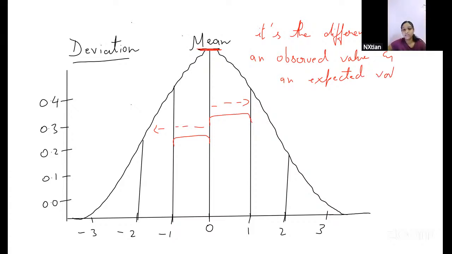Even if you understood a little bit, that is okay. Deviation means that something shifts from one place to another. From a fixed point, an observed value, something deviates till an expected value. That is known as deviation. That is the only thing that you have to keep in mind.